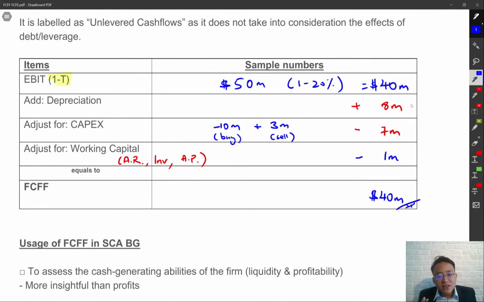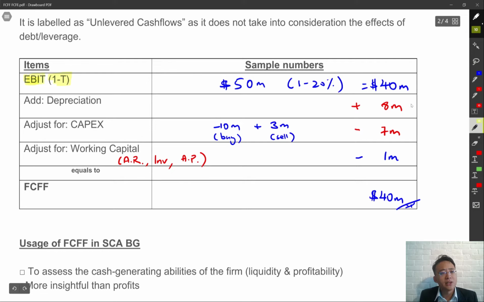Now, what is this 40 really? These 40 are the cash flows generated by the firm. Can you see that? First, my earnings before interest and tax. These are the cash flows I earn from my daily operations, selling to my customers, buying my supplies.